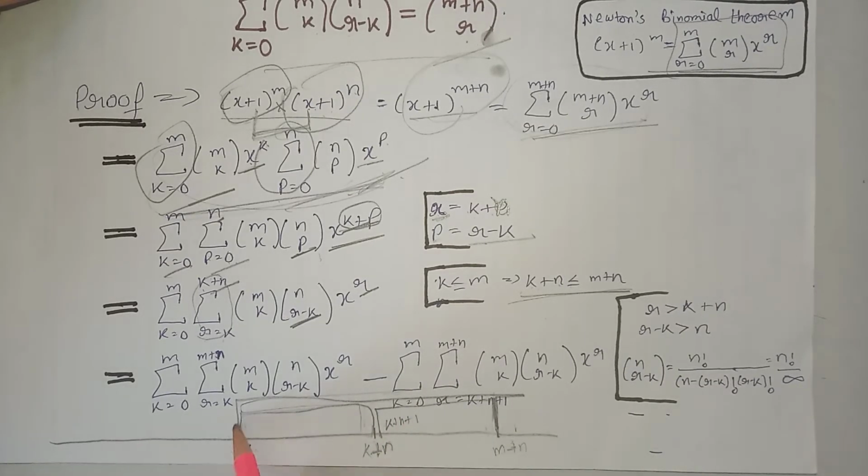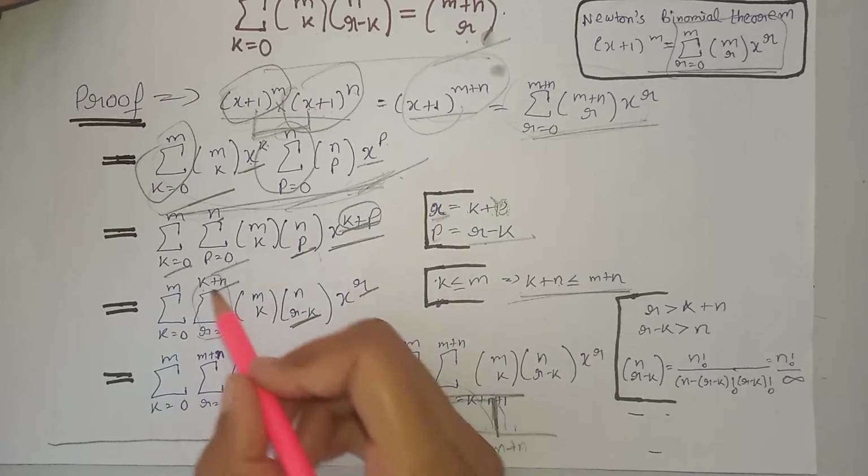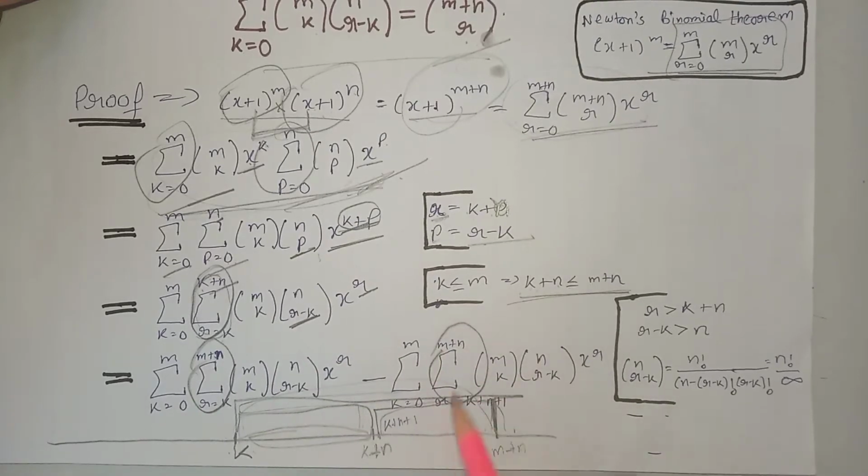On subtracting the interval k plus n plus 1 to m plus n, we get this interval. That means we can break this summation into these two summations with these different intervals.